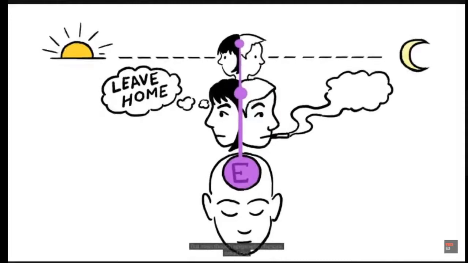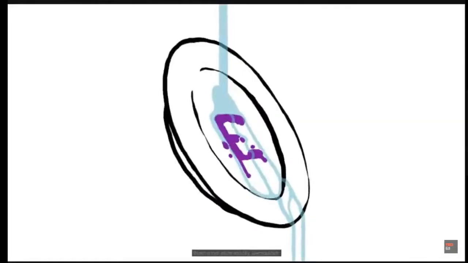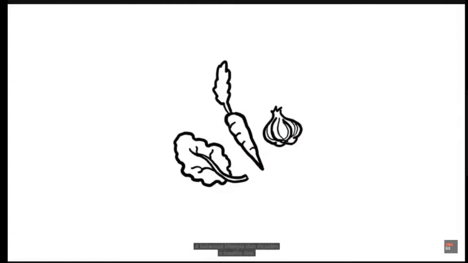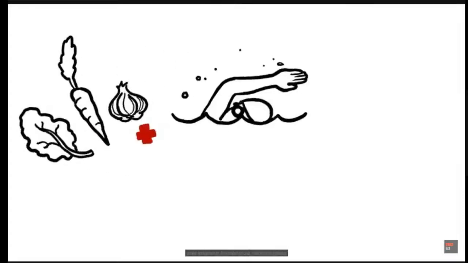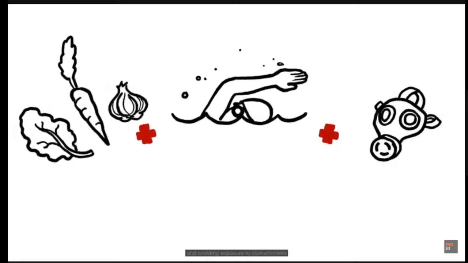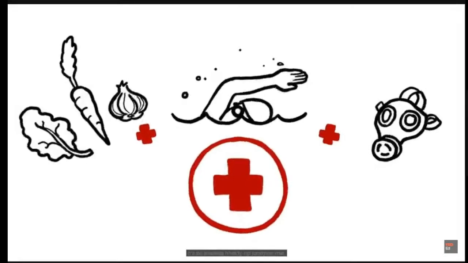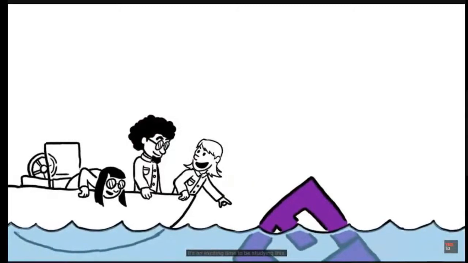But even though epigenetic changes are sticky, they're not necessarily permanent. A balanced lifestyle that includes a healthy diet, exercise, and avoiding exposure to contaminants may, in the long run, create a healthy epigenome. It's an exciting time to be studying this.